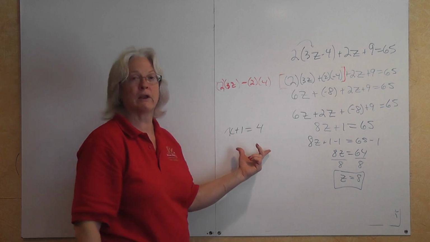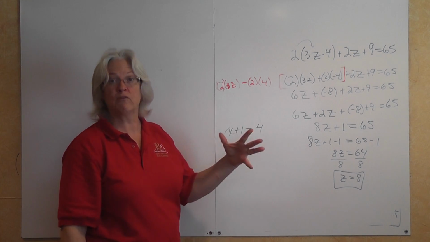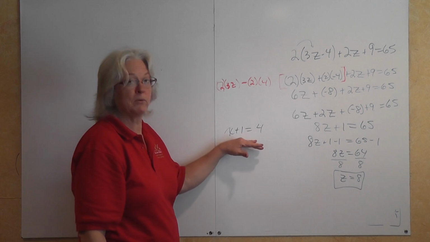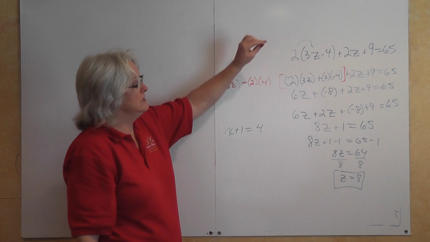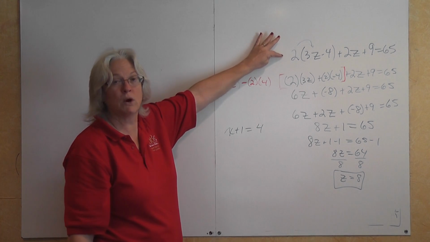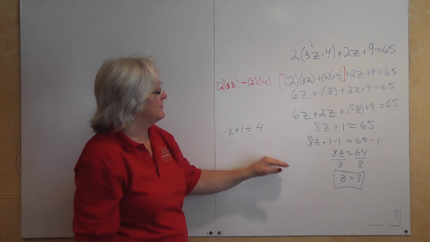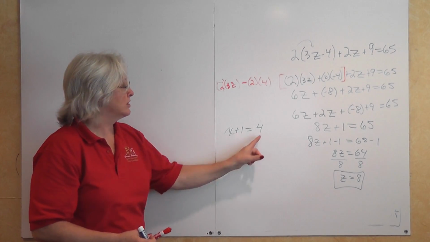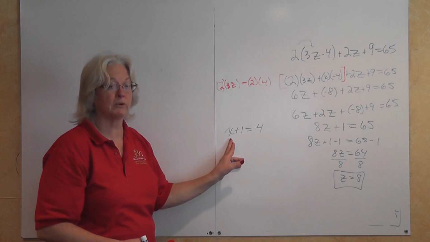Way back here when you had a problem that said x plus 1 is equal to 4, you look at that and everybody knows, even if you've never heard of x, you would probably come up with, oh, well, if I put a 3 in there, it's correct. You can't take an equation that looks like this and arrive at the solution of 8 near as readily as you can arrive at a solution of 3, I'm sorry, over here.